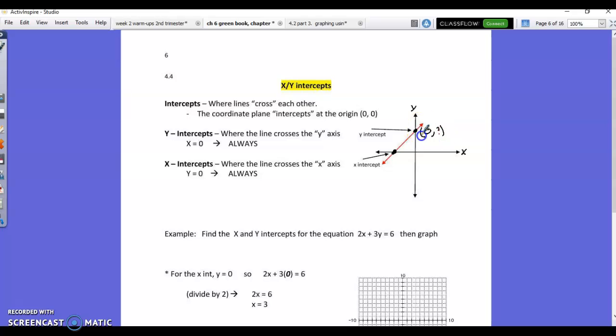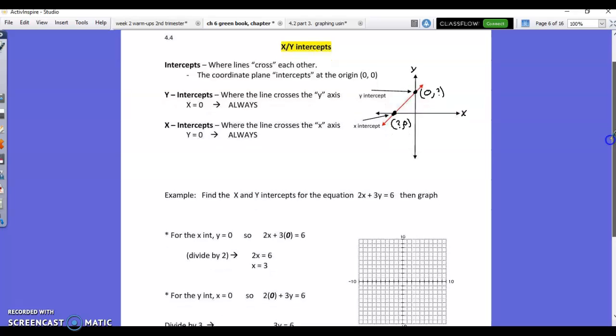We don't know, something positive because it's up here. And this point, we don't necessarily know the x value in this example, but we know it's a negative number. But we know the y value is 0. So when we're identifying ordered pairs of intercepts, we have to start with our knowns, which is that x equals 0 for the y-intercept and y equals 0 for the x-intercept.